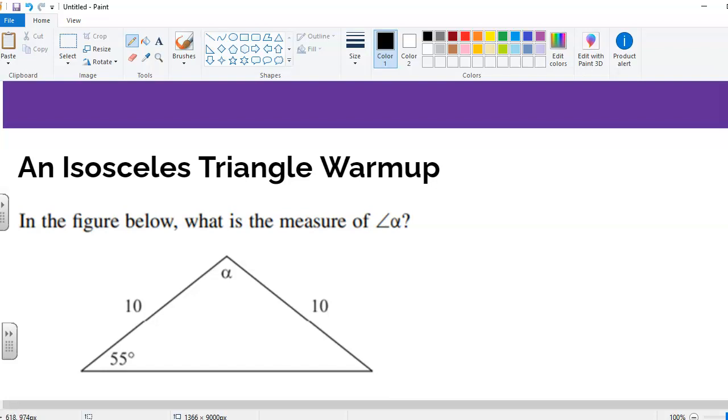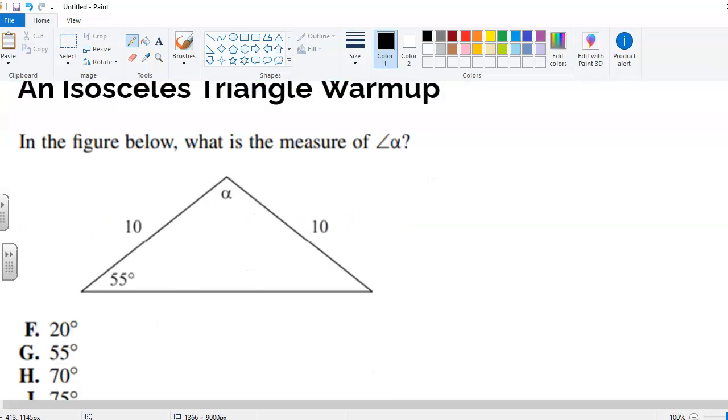We've got an isosceles triangle, and I know that because we have lengths of 10 on each of these sides. So when it comes to the angles, we have a vertex angle and then 2 base angles.